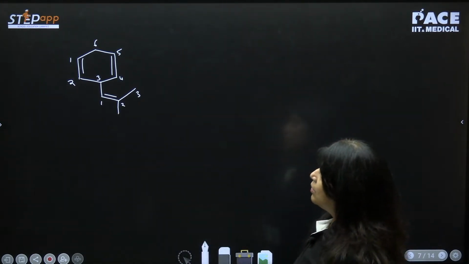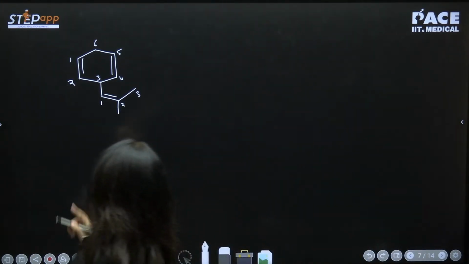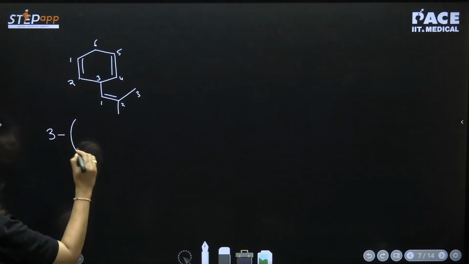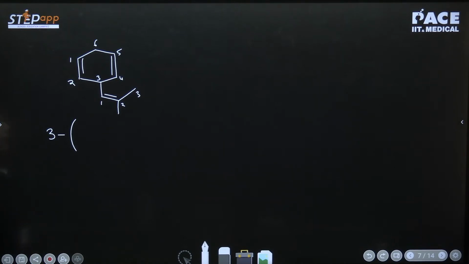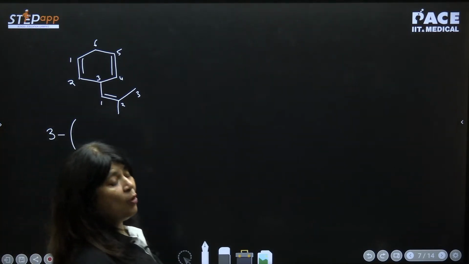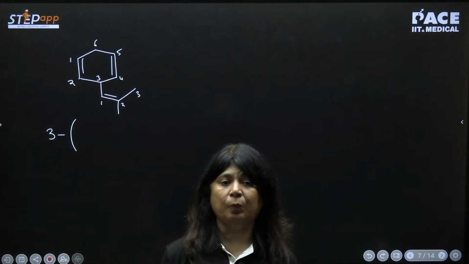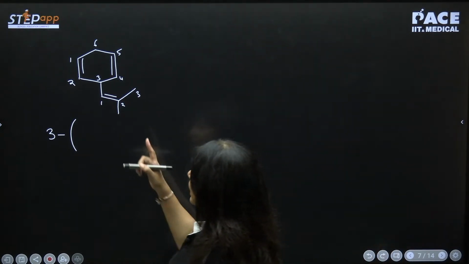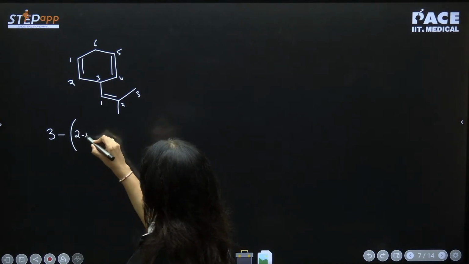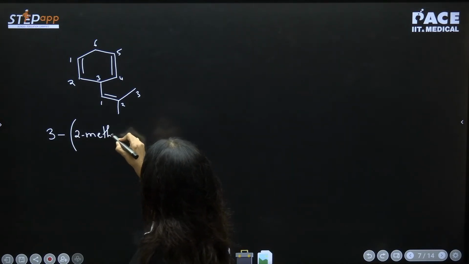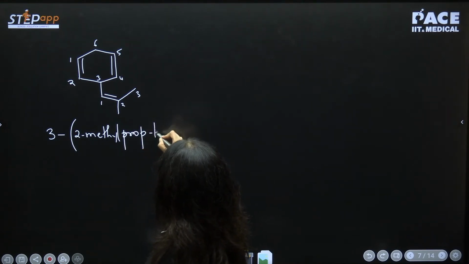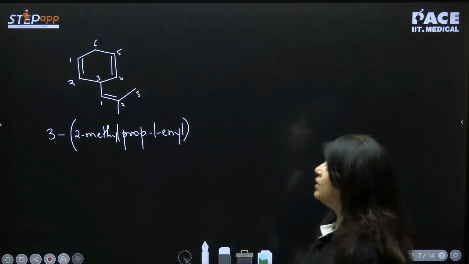Now the substituent again lies on the third carbon. The substituent is a propyl group. It has a double bond. So it's a propenyl group with a methyl branch on its second carbon. So 2-methyl prop-1-enyl. 1-enyl because the double bond is placed on the first carbon.